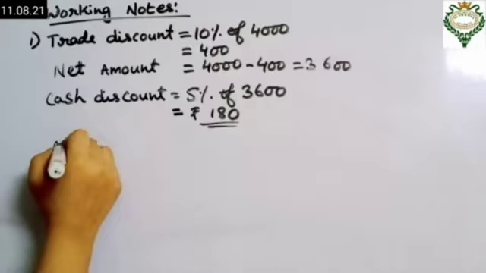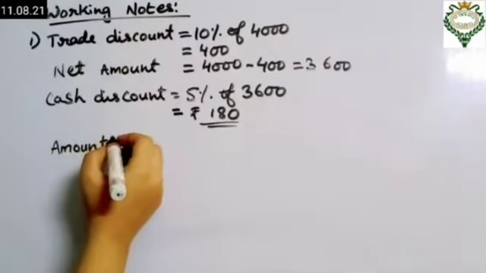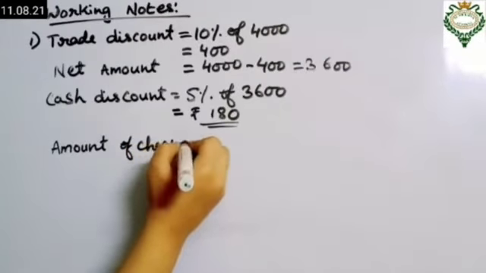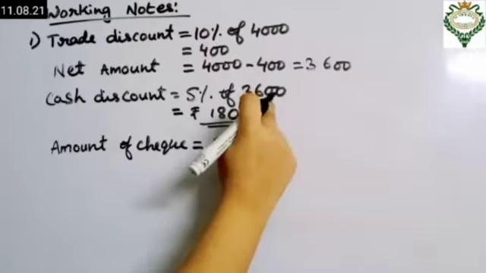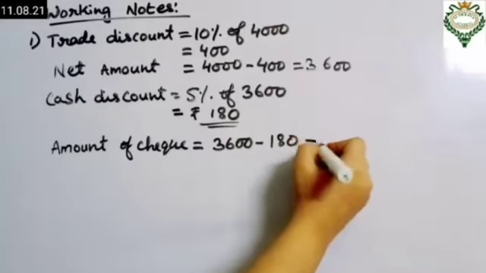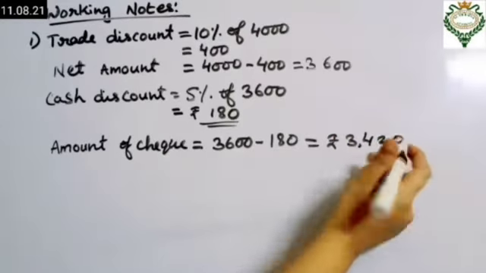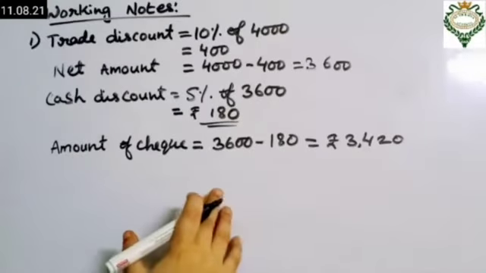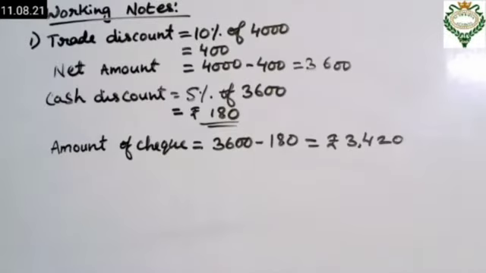The amount of cheque after deducting the trade discount and cash discount will be 3,600 minus 180 cash discount, so we will get rupees 3,420. This amount we have to record in the book on the debit side in the Amit account. Now come to the next working note.